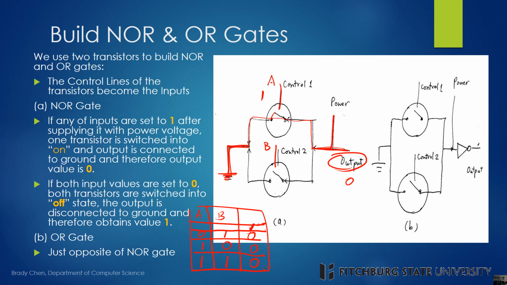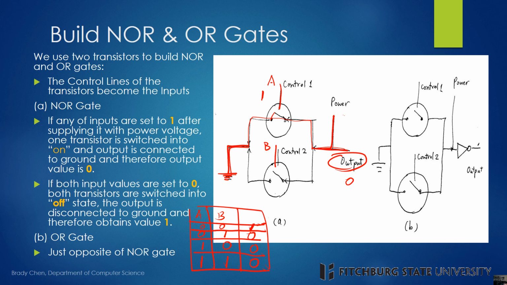So in that case, both transistors are switched into the off state. That means the output is not connected to the ground. So that's basically the truth table of the NOR gate. And again, the NOR gate and the OR gate are very closely related.